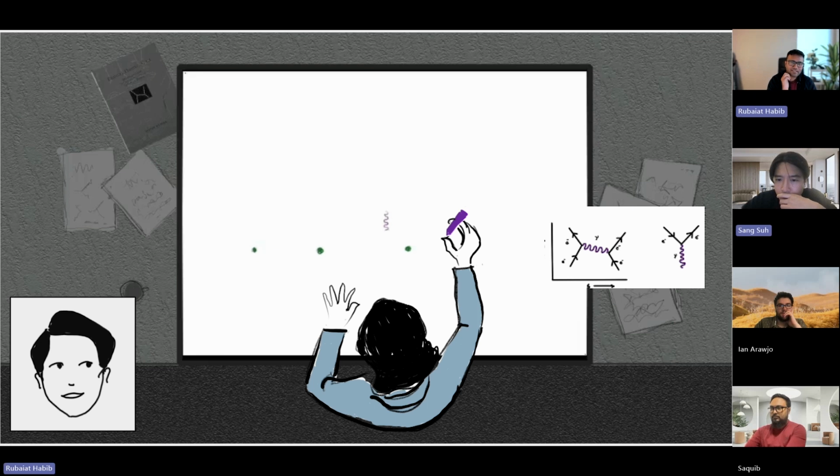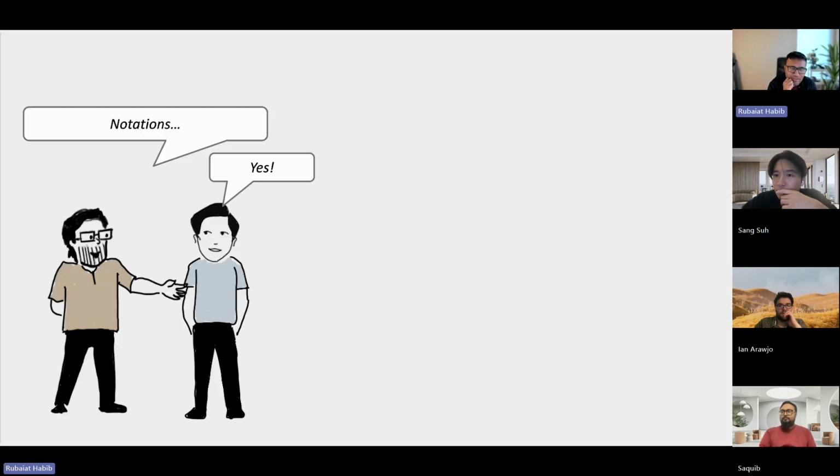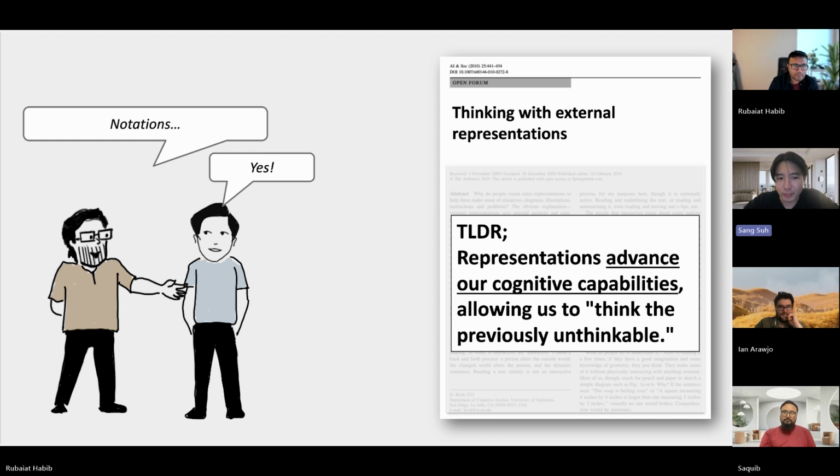Yeah, it's kind of interesting and always fascinating to see how people invent new notations and diagrams. Yeah, I agree, and that is why I also love reading the literature in cognitive science, because they discuss precisely through what mechanisms these representations also enable us to think what we previously couldn't think of, as new representations have been developed throughout the course of history.